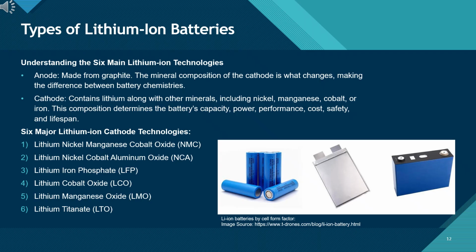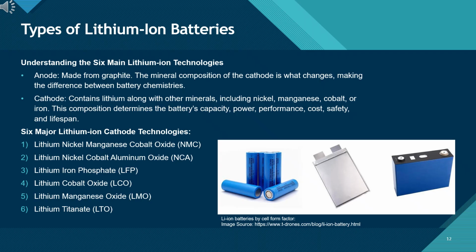These materials determine key properties such as energy capacity, safety, cost, and lifespan. There are 6 major lithium-ion chemistries: NMC, NCA, LFP, LCO, LMO, and LTO. Each has its own balance between power, energy density, and safety, which we'll compare in the next slides.